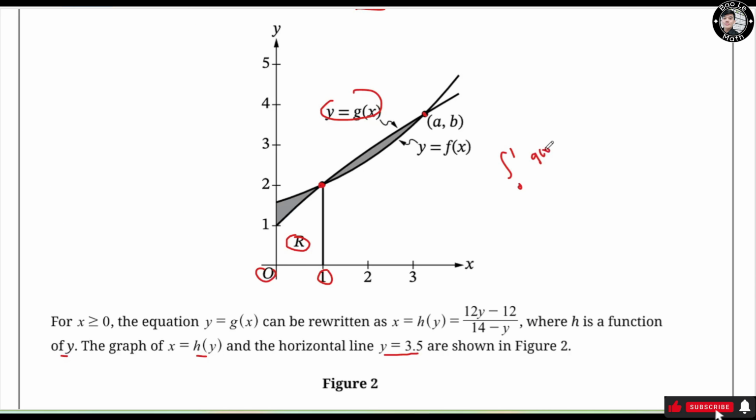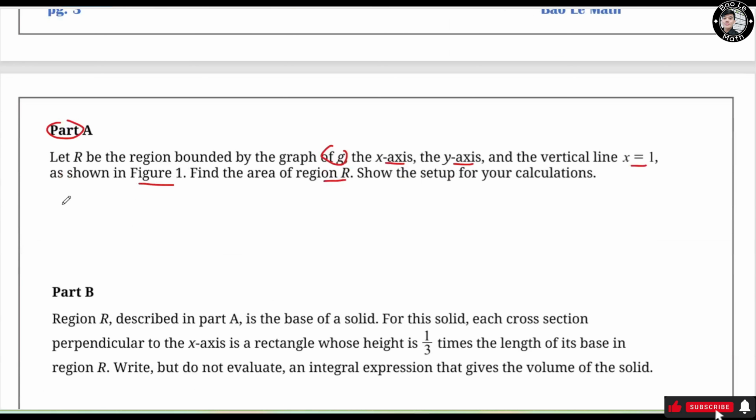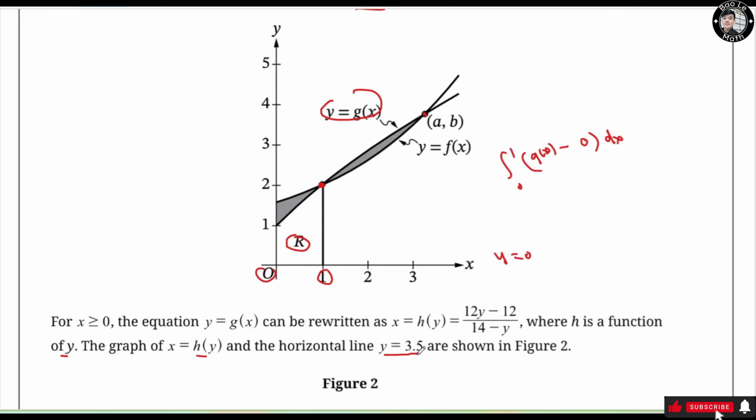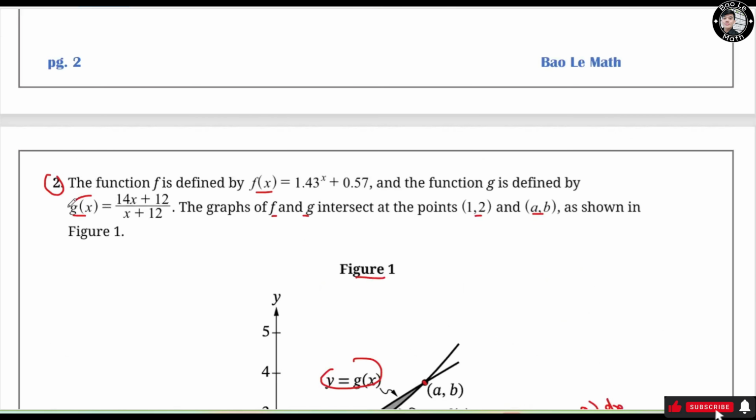g of x subtract the x-axis, which is y equals 0, right? So top subtract bottom dx. So we're going to copy this over here, and it's going to be the integral from 0 to 1 of g of x dx. So we're going to pull up the calculator. g of x is right here.